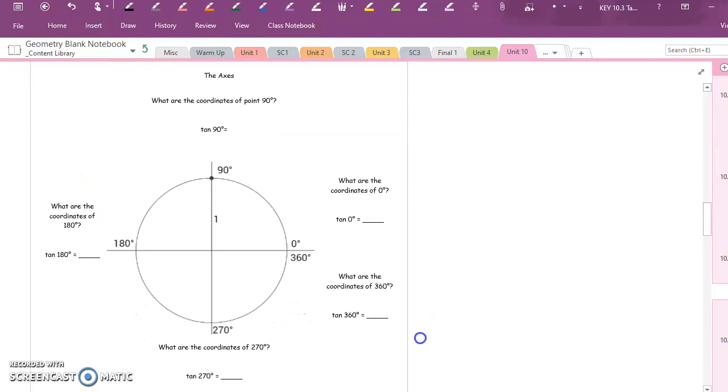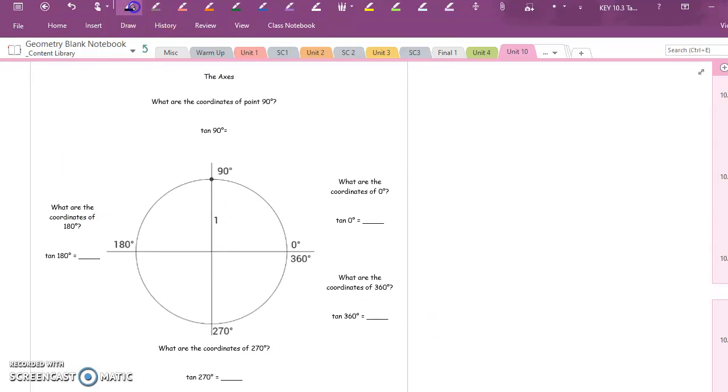Let's take a look at the axes. So we have to remember our coordinates for 0 degrees, 90 degrees, 180, 270, and finally 360. Along my axes, for 0 degrees, we have our ordered pair of 1, 0.